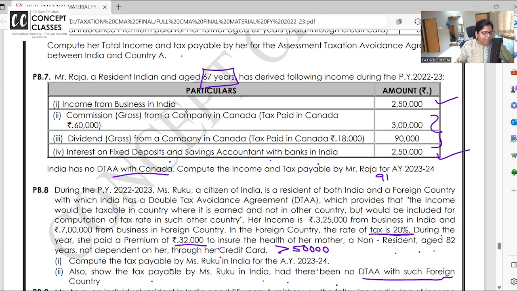This is an easy problem too. But this time, whatever tax you have paid in a foreign country, they didn't give you a rate like 20% and all. They have given you the amount. So then again you have to calculate what amount will come.